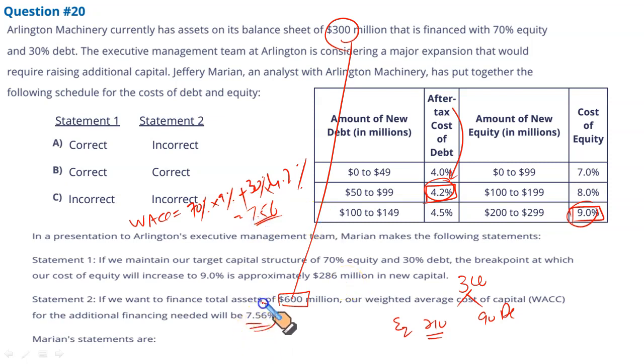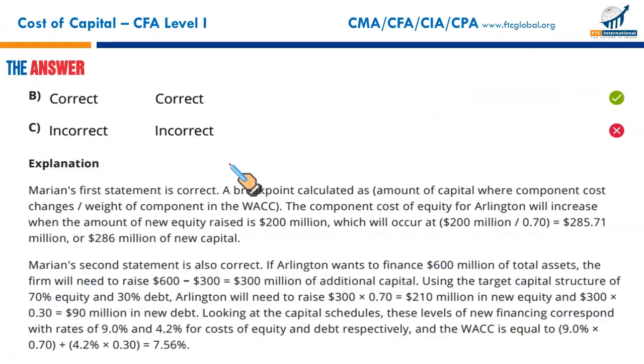So your weighted average cost of capital in case of a total funding of 600 million, out of which 300 million has already been invested in the current composition of our capital employed, the remaining 300 million will take the cost of capital to 7.56. That makes statement 2 a correct statement as well. So that makes B the correct option. Statement 1 is correct, statement 2 is correct as well.